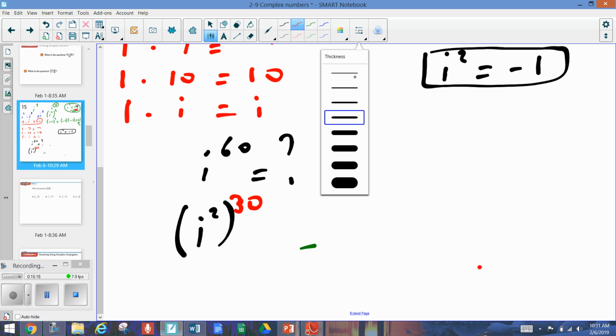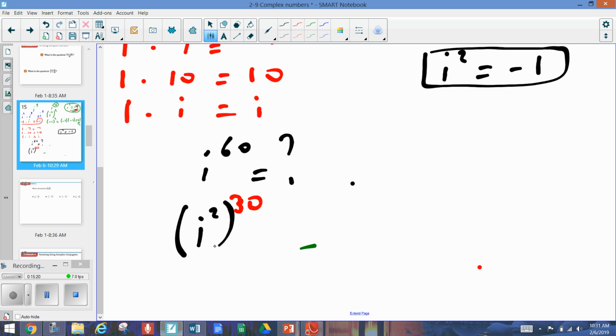Okay, 30. Now, you know what i squared is. It's negative 1 to the power of 30, correct? So what is this equal? Negative 1 times negative 1 times negative 1, 30 times. Is it equal to positive 1 or negative 1?